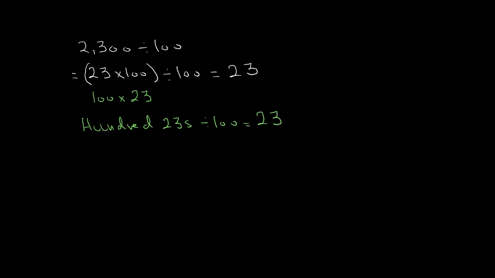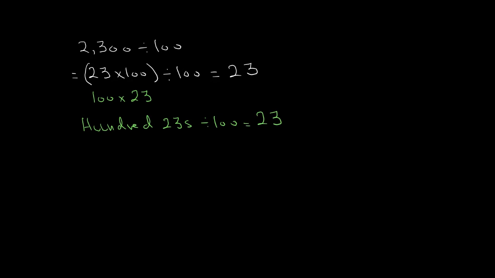Because if you have 100 apples and you divide them among 100 children, every child will get 1 apple. So if you have 100 23s and you divide them among 100 children, each child will get 23. That's fairly obvious.